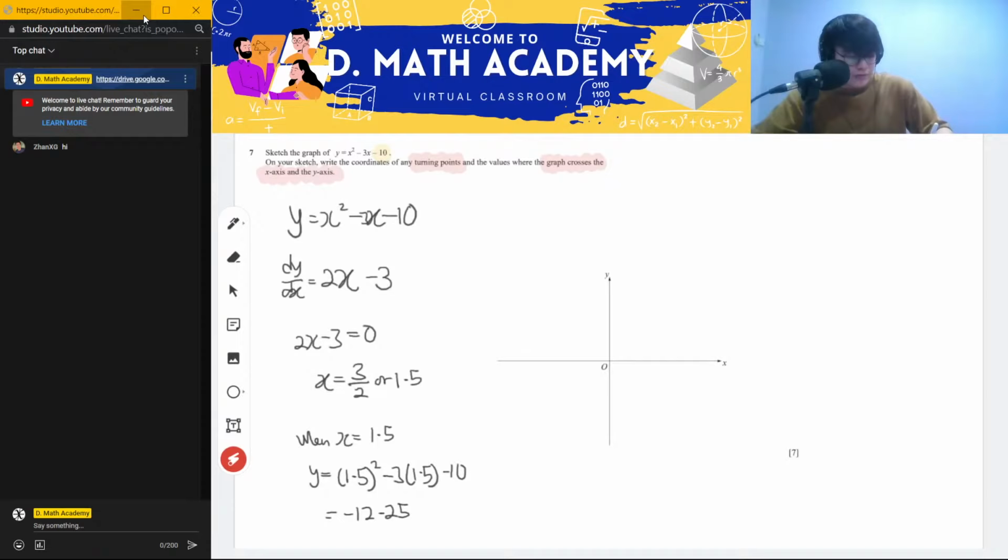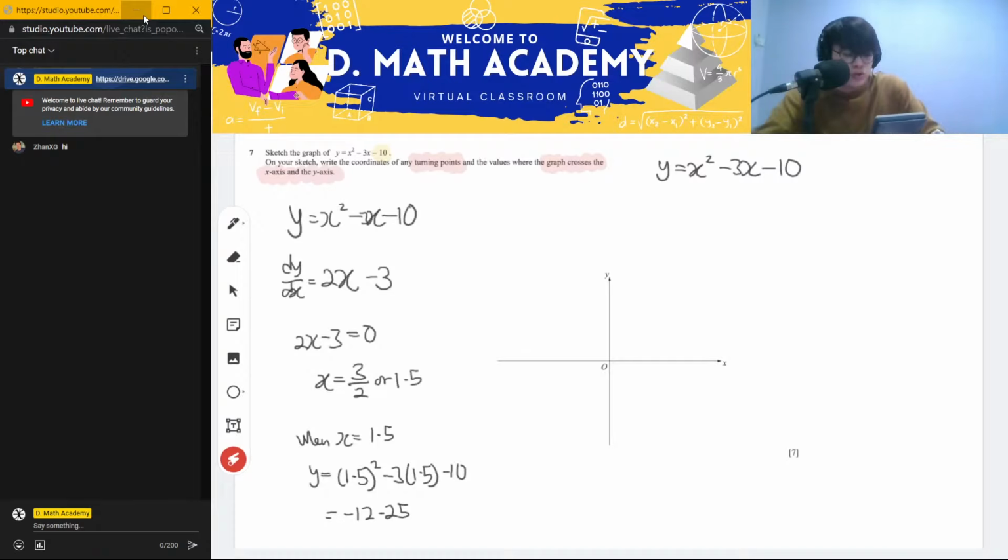So your 1.5 is roughly somewhere around here. But before I draw, I will do one last thing, which is check the intersection. So y equals to x squared minus 3x minus 10. Try to factorize this. Key in your calculator: Mode 5, 3, and then you will get your a as 1, -3, and -10.